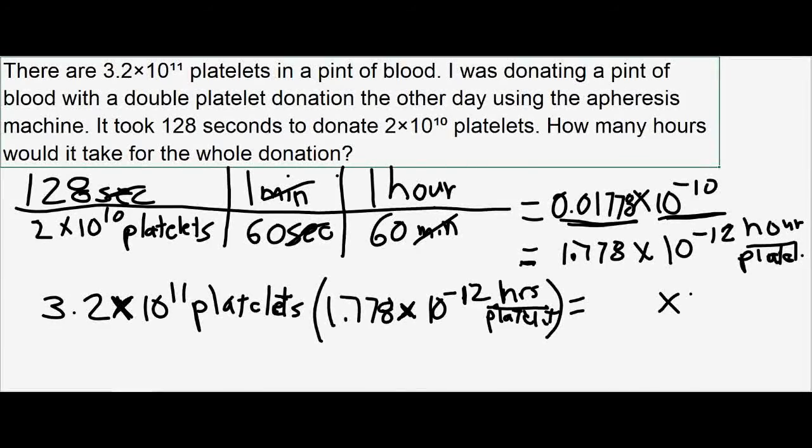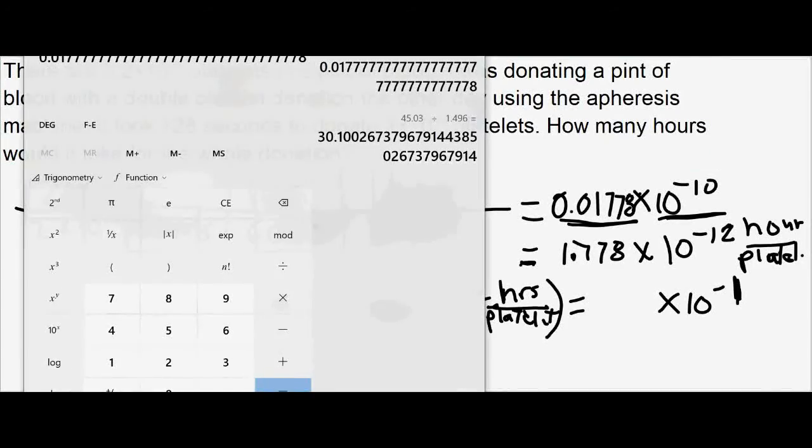I have 10 to the minus 1. And then I have 1 point. So I've multiplied the 10 to the 11th and 10 to the minus 12th. Now I have to multiply 3.2 times 1.778. And fortunately, I still have that on my calculator.